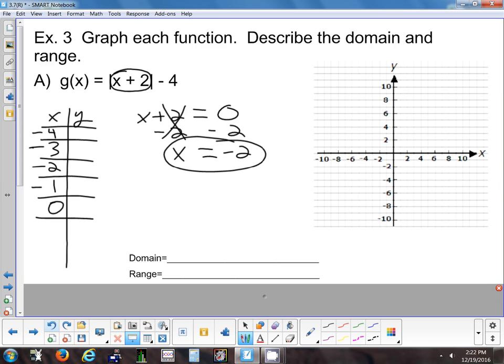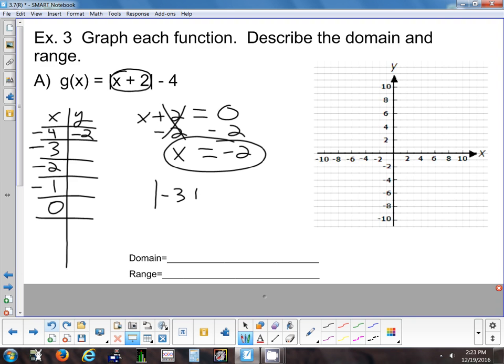All right. Now we're going to plug each number in. Let's start with -4. What's -4 plus 2? -2. And the absolute value of -2? And what's 2 take away 4? -2. Okay, let's write the next one down. Let's plug in -3.